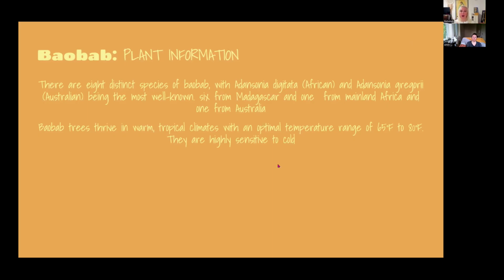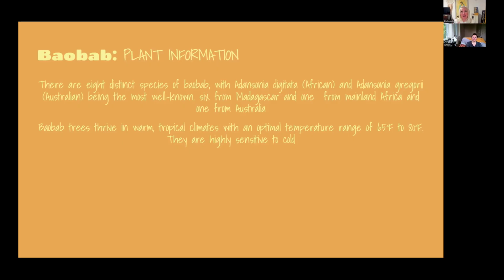Baobab trees thrive in warm tropical climates, and they like temperatures of 65 to 80 degrees. They do not like the cold. So they're not set up for the Pacific Northwest. I think every place in America gets a little too cold.